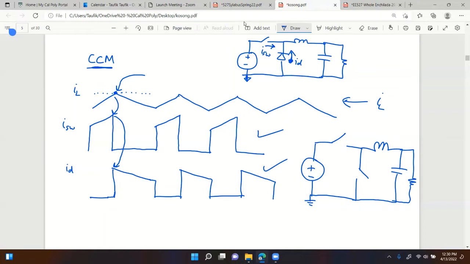That's correct, exactly. So you can see that's one advantage. If you sense this current right here, typically we use a small resistor. If you use a sensing resistor, then imagine you have to measure two different voltages to get the information of that peak value, because you want to convert from current to voltage.